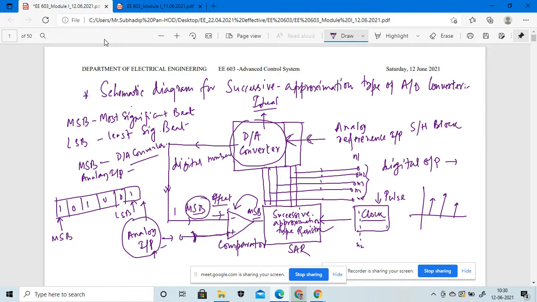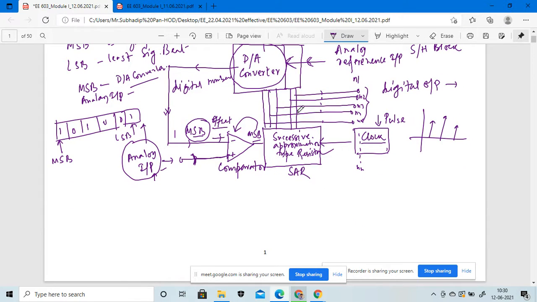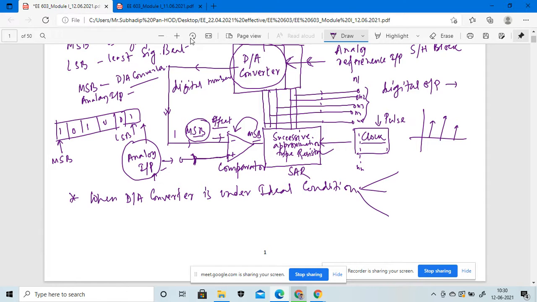So what are the different errors that will be generated due to this particular process? Keep reminding yourself of this always: when the D2A converter is under ideal condition, what will be the different errors that come across this particular process? There must be an offset error.